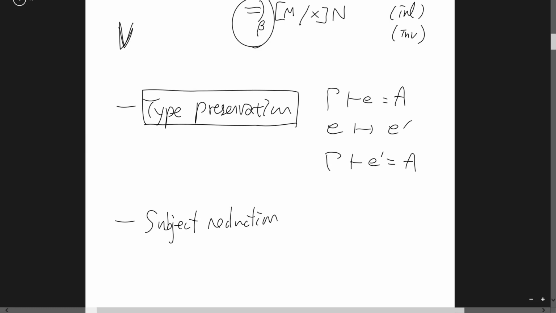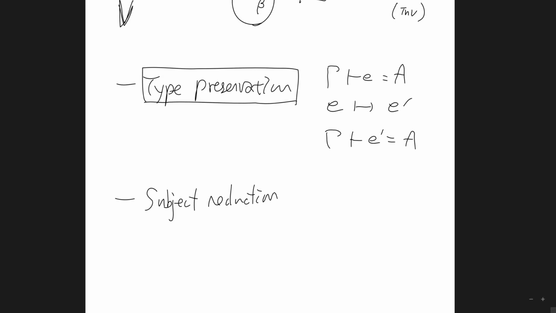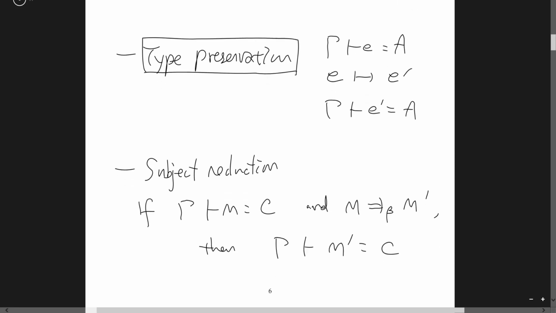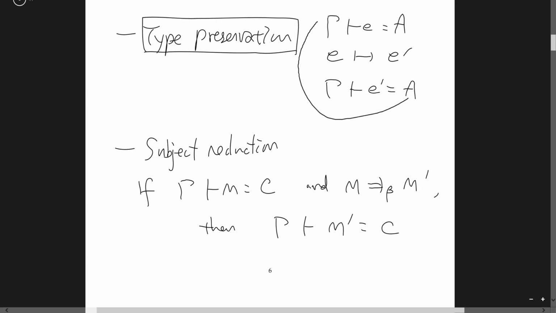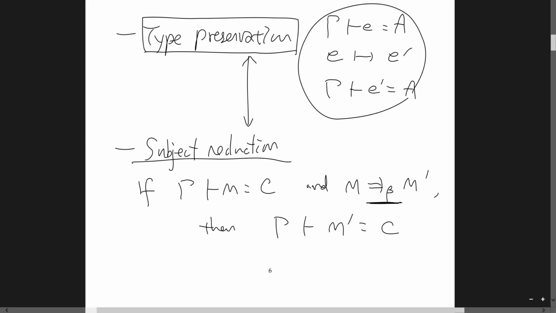Subject reduction means the type doesn't change even if you apply this beta reduction. So for example, M has a type C, and M beta reduces to M prime, then we can expect M prime has the same type C. So it's almost like the type preservation theorem that we have seen in the previous course, but there's a minor difference because here we assume beta reduction, and this is just a reduction.